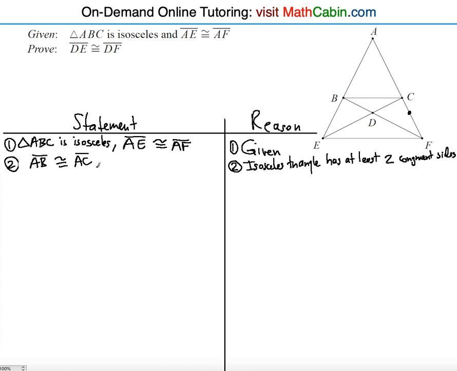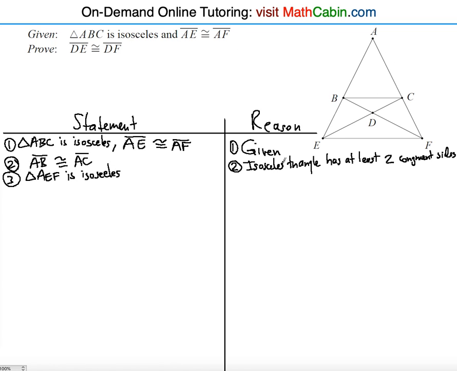Okay, so great. So now the next statement immediately is going to be that triangle AEF is isosceles. Now, how do I know that it is isosceles as well? Well, notice that it's given that AE is congruent to AF, right?